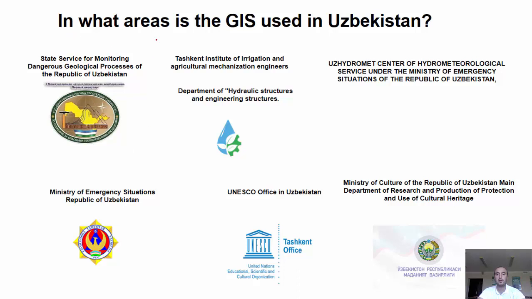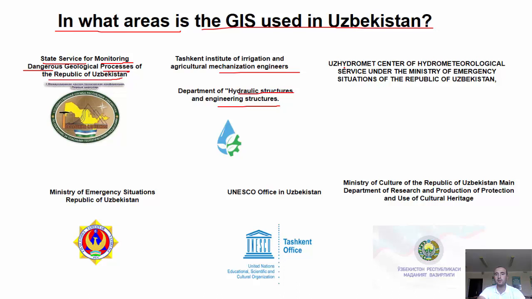Nowadays, GIS is used widely in our republic. For example, there is a question: in what areas is GIS used in Uzbekistan? GIS is used in Uzbekistan in the state service for monitoring dangerous geological processes of the Republic of Uzbekistan. The next one, Tashkent Institute of Irrigation and Agricultural Mechanization Engineers, the Department of Hydraulic Structures and Engineering Structures.